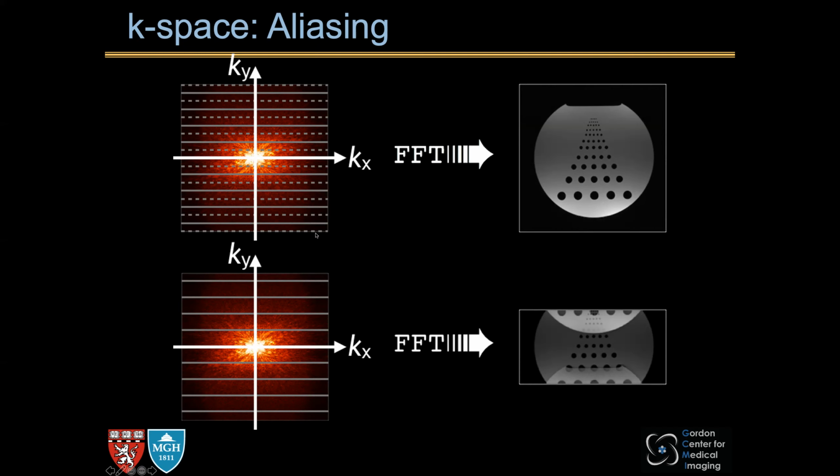However, if we skip lines, all these dashed lines in the top row, and only sample the solid lines in the bottom row, then we end up with images with aliasing. As you can see, the top part aliases back to the bottom, and vice versa. So clearly, the sampling density of the K-space is related to aliasing of the image.